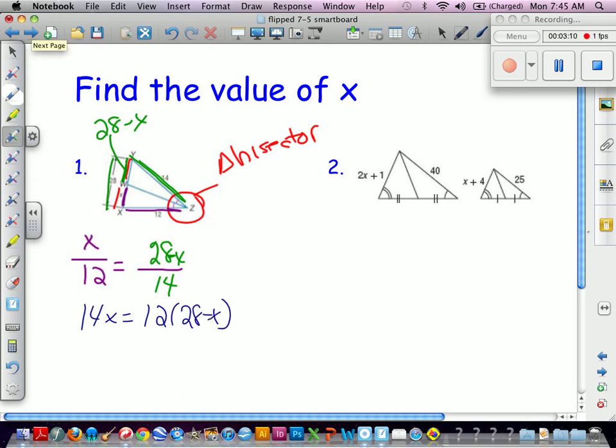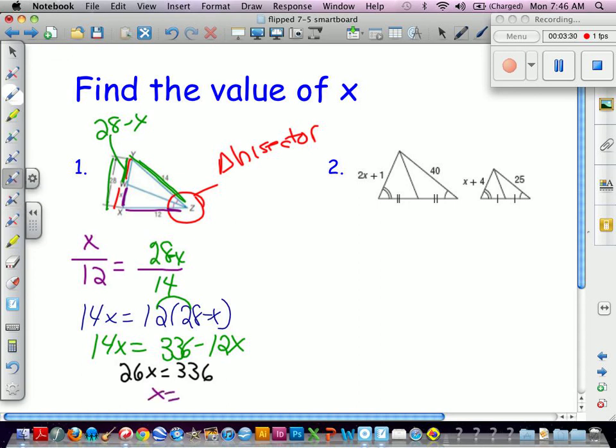Distribute. 12 times 28 is 336 minus 12x. Get your x's together. That'll give you 26x equals 336. X equals, I don't have my calculator, I don't have that written down. Can you guys please figure that out?